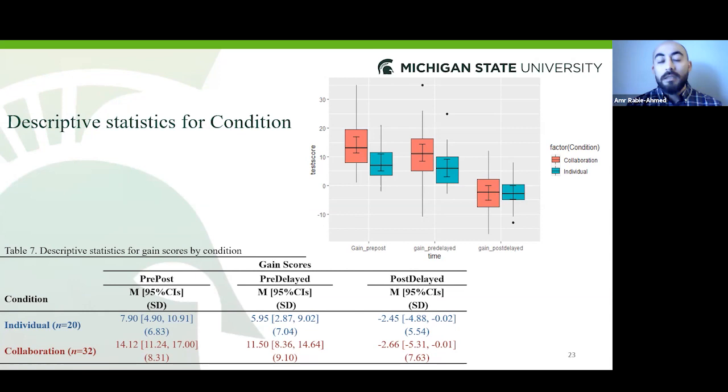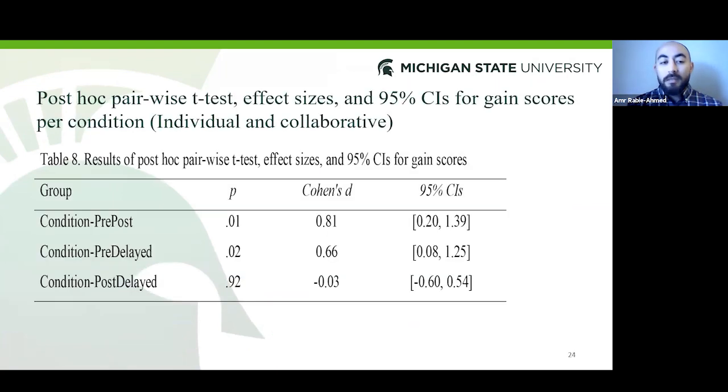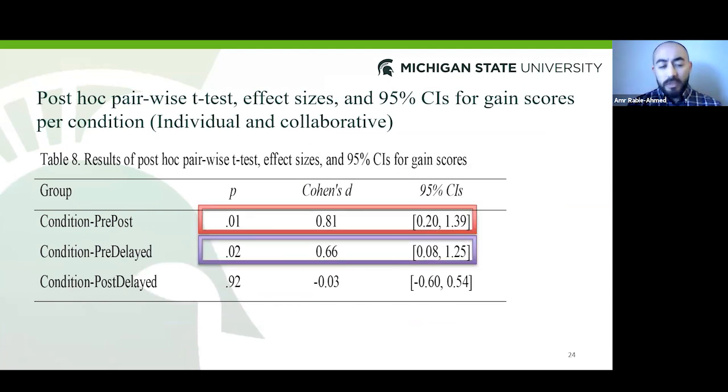To see whether this has reached a significant level, we conducted post-hoc pairwise t-tests, and we can see that in the post-test and the delayed post-test, there are significant differences between the gains made in the individual condition and the collaborative condition, with a medium effect size in the delayed post-test and a high effect size in the immediate post-test.